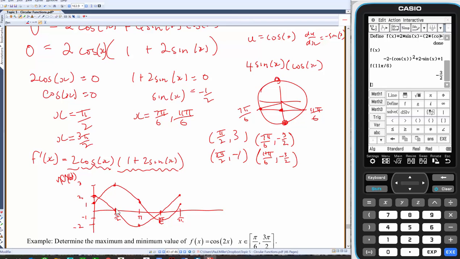So f dash x would have a 0 gradient point at pi on 2. There it is, 0 gradient point at pi on 2. It should have one also at 3 pi on 2 because 0 multiplied by whatever this value here is, negative 1, is 0. So here's one at 3 pi on 2.